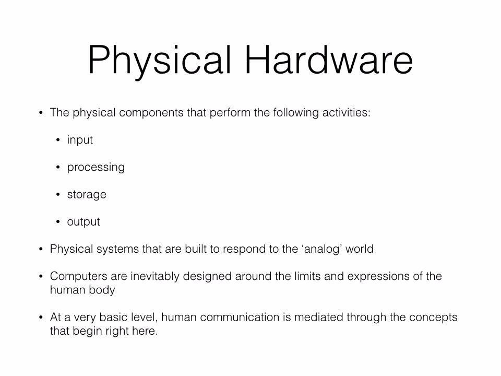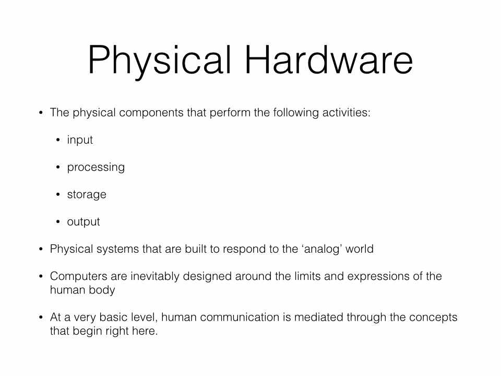So, physical systems are built to respond to the analog world. They're inevitably designed around the limits and expressions of the human body. These are basic components of physical hardware, right? They're not designed for other computing in a lot of ways. Originally they're designed to enable how humans work, and so this is also one of the basic definitions of information systems.